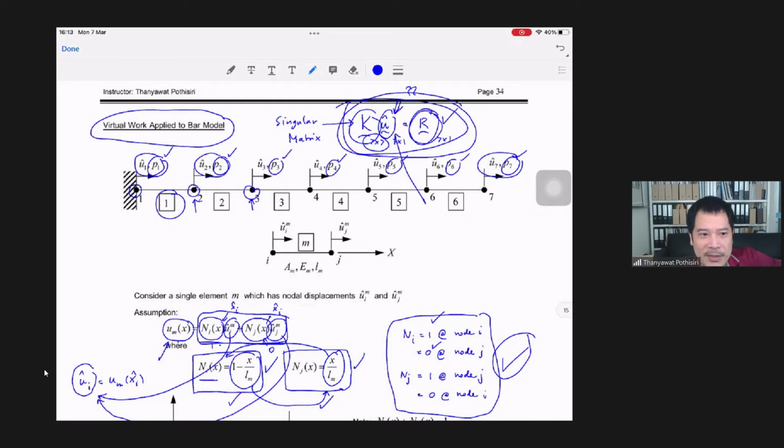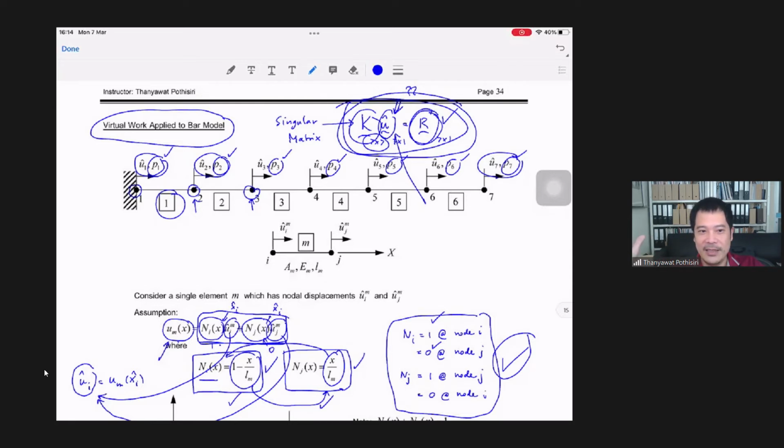K would be a singular matrix because when you construct K as a 7 by 7 matrix, you did not impose any boundary condition onto your structure. No boundary condition whatsoever, right? You think of your structure as having 7 degrees of freedom without any constraints, so you have a bar floating in space.